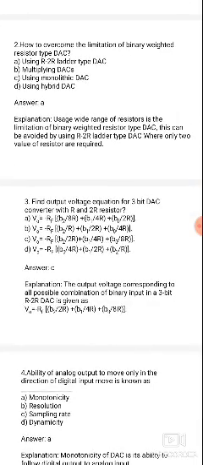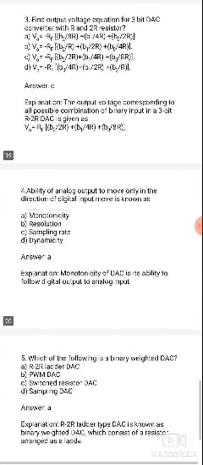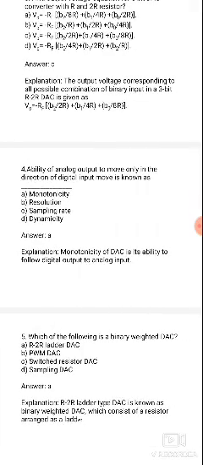The analog output which moves in the direction of the binary input is called monotonicity. The binary weighted type DAC and the R-2R ladder network are the two digital to analog conversion methods.